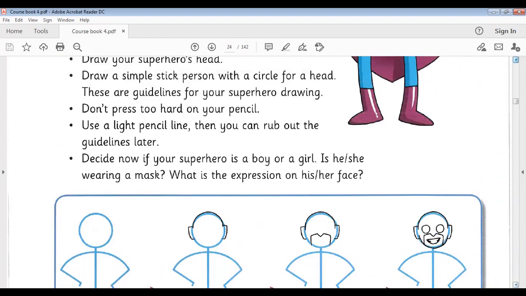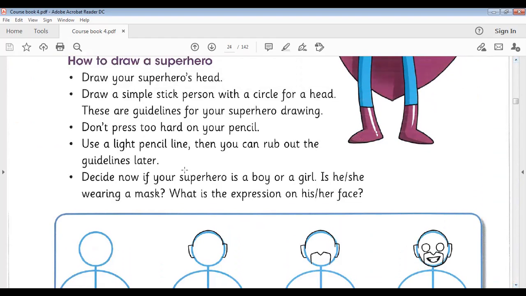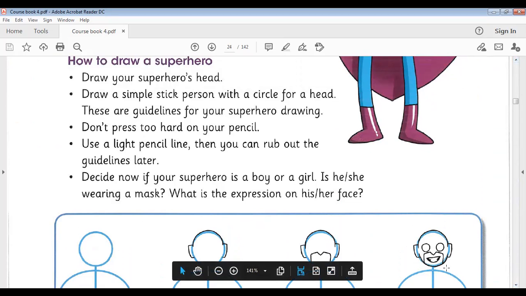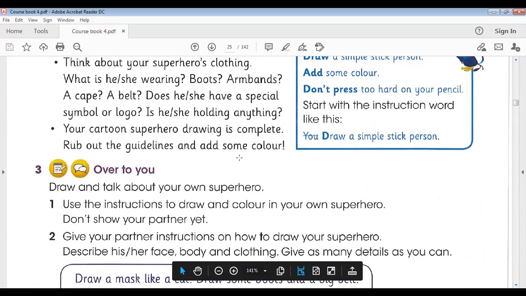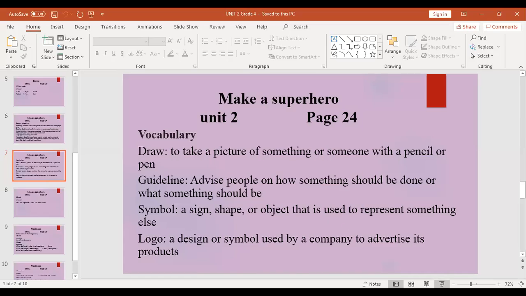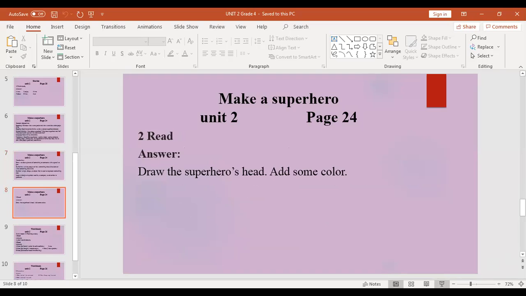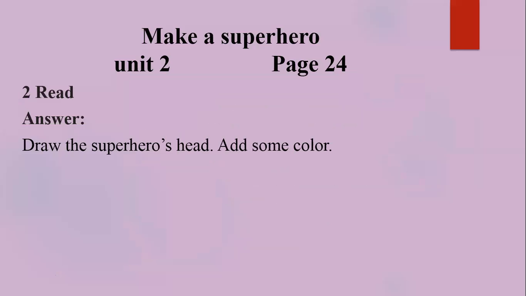The first step is to draw the superhero's head, and the last step is to add some color. This is the answer of activity 2: draw a superhero's head is the first step, and add some color is the final step.